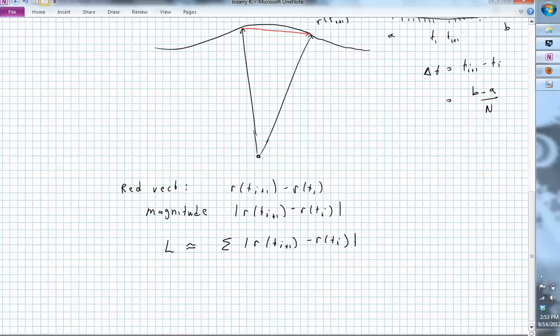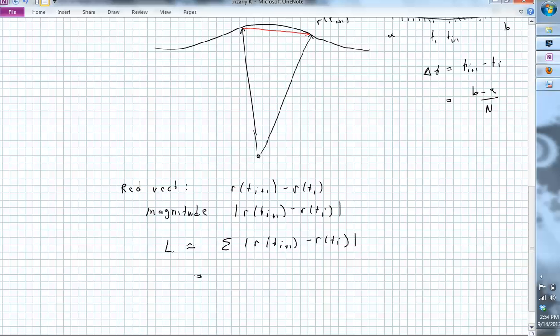I'm not going to put my index of summation in there, we're just adding them all up. L is well approximated by the sum of these guys, as long as I've chopped up the curve into enough tiny little pieces.